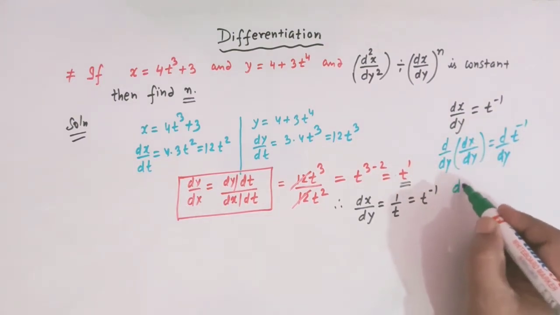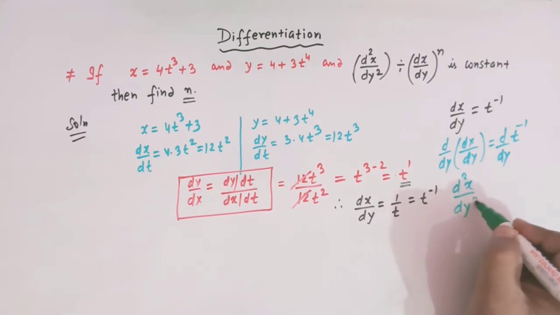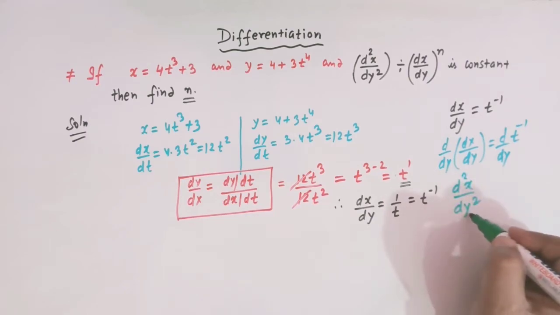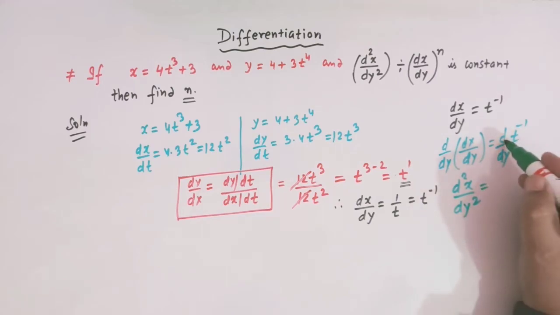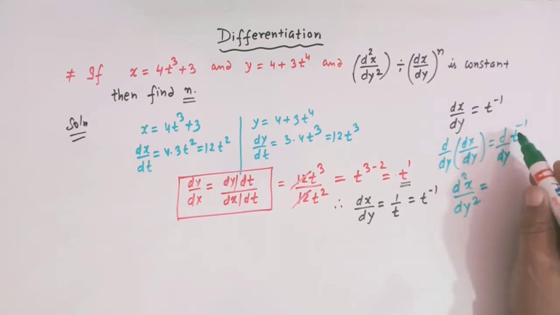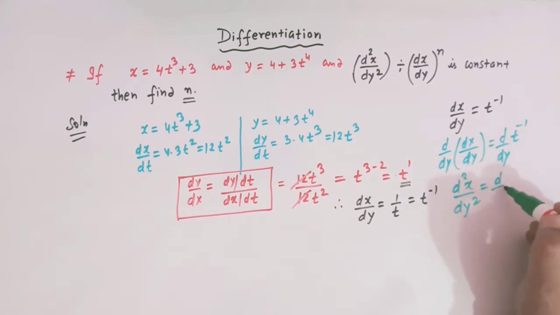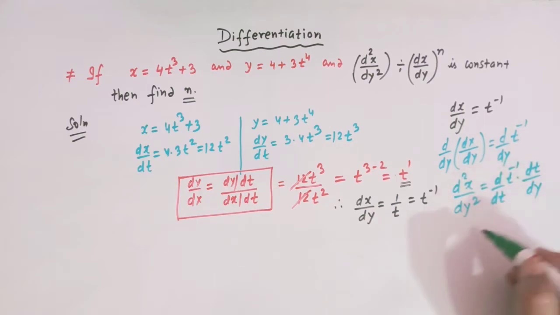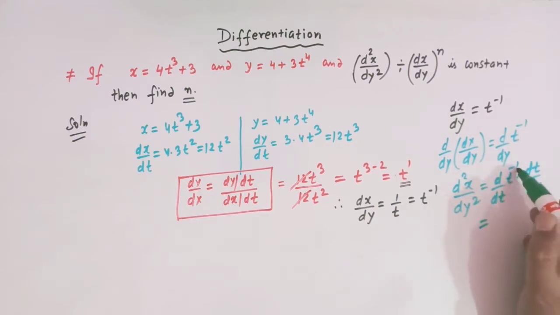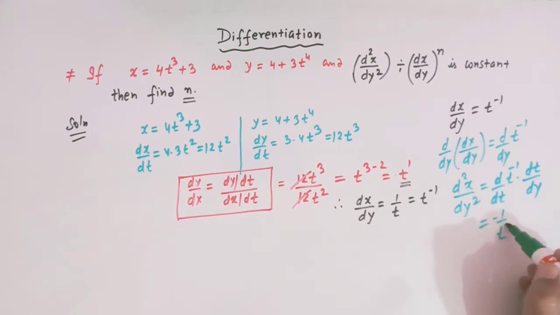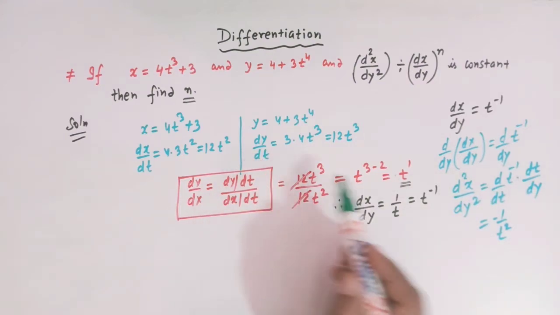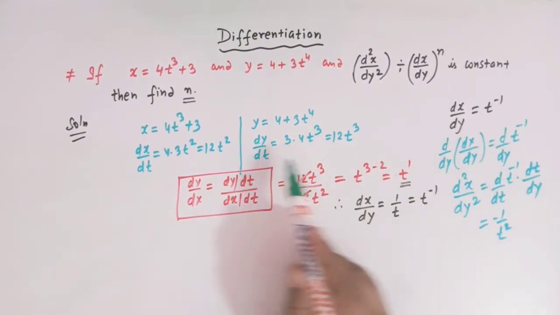This becomes d²x/dy², the second derivative of x with respect to y, and here we have to differentiate t⁻¹ with respect to y. For this we'll make use of the chain rule. So we have d/dt of t⁻¹ times dt/dy. The derivative of t⁻¹ is minus 1 over t², and for dt/dy we can use the expression from this value.